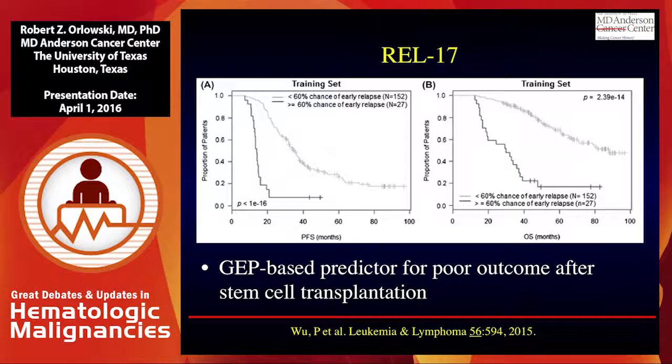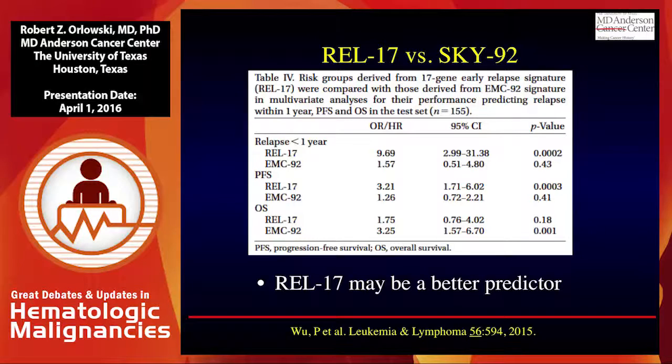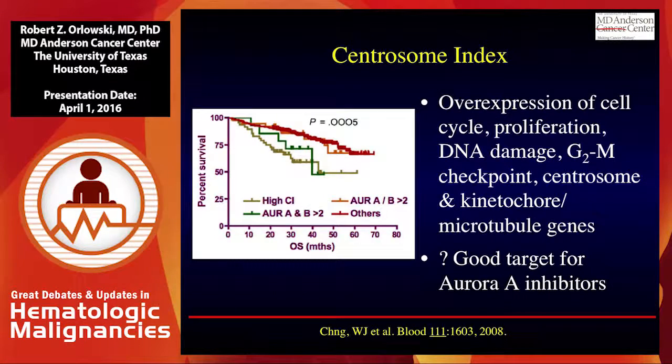More recently, there are also profiles of smaller gene panels, which may make it a little bit cheaper to do in the future. This is a 17 gene panel that seemed to predict outcomes after transplant. And there may have been, again, some comparative studies suggesting that one may be a little bit better than another, although we're not yet to the point where we can really, I think, pick a winner.